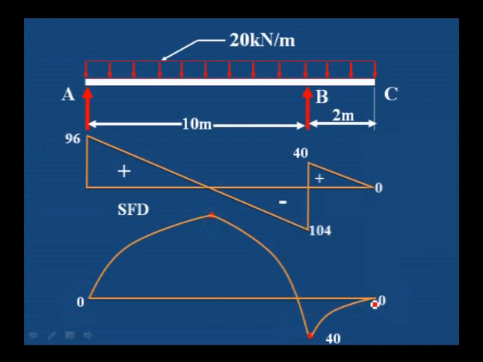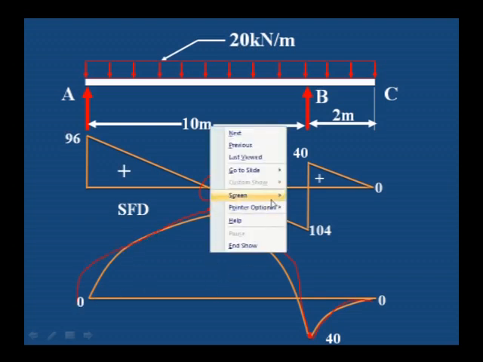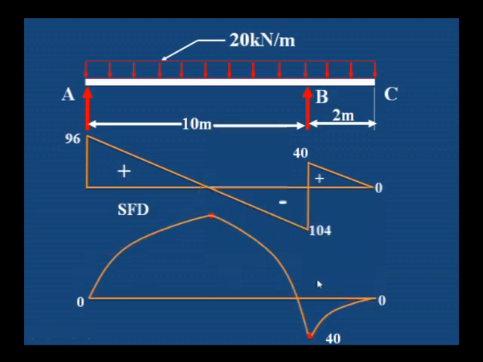You join from 0 to 40, which is parabolic, and join to the middle portion where the shear force changes its sign. It may not be exactly the middle portion, we have to find the distance where it is, and then you join to the A point. The entire line should be parabolic because a uniformly distributed load is acting from A to C.